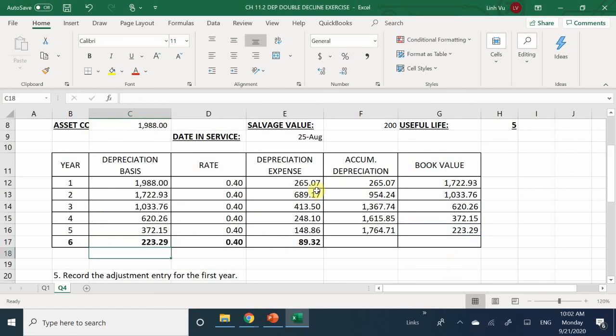So what is going to be my depreciation expense for year 6? 89.32. And what's my accumulated? 1854.03.